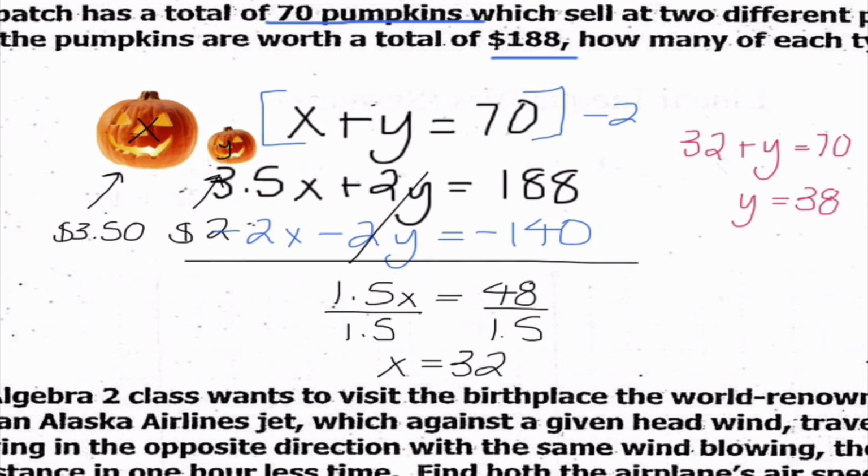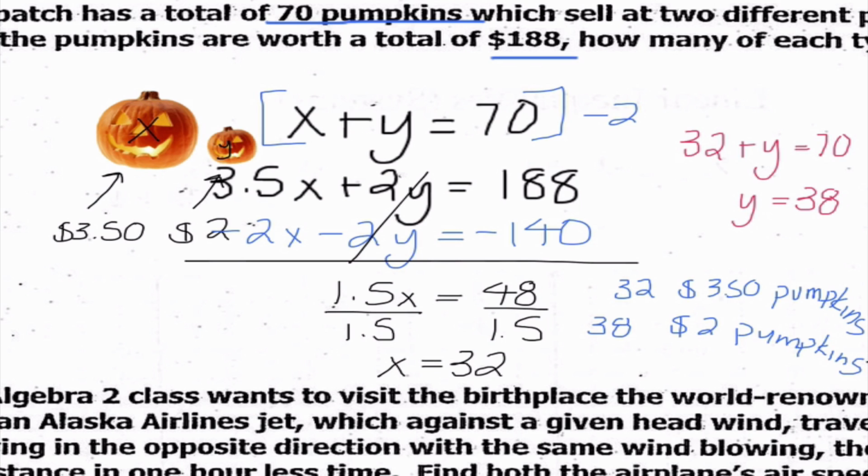This time I do not have an ordered pair, because we're answering problems here. So I'm going to say 32 $3.50 pumpkins and 38 $2 pumpkins.